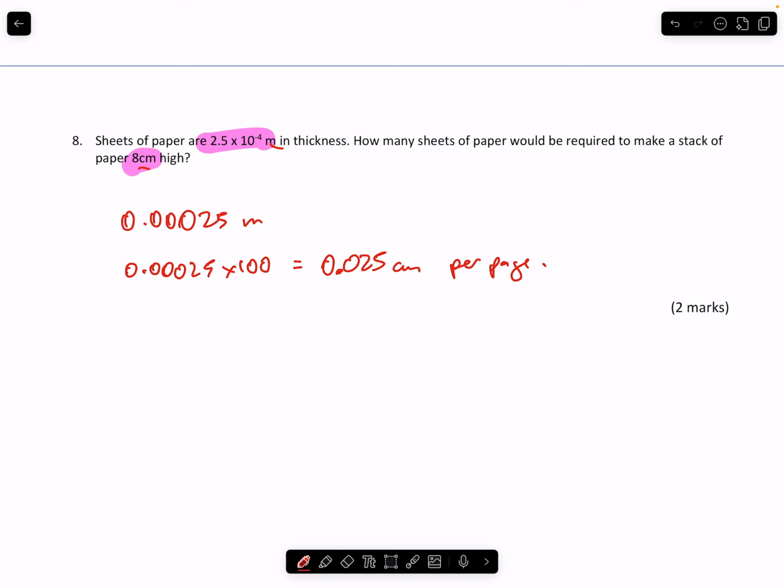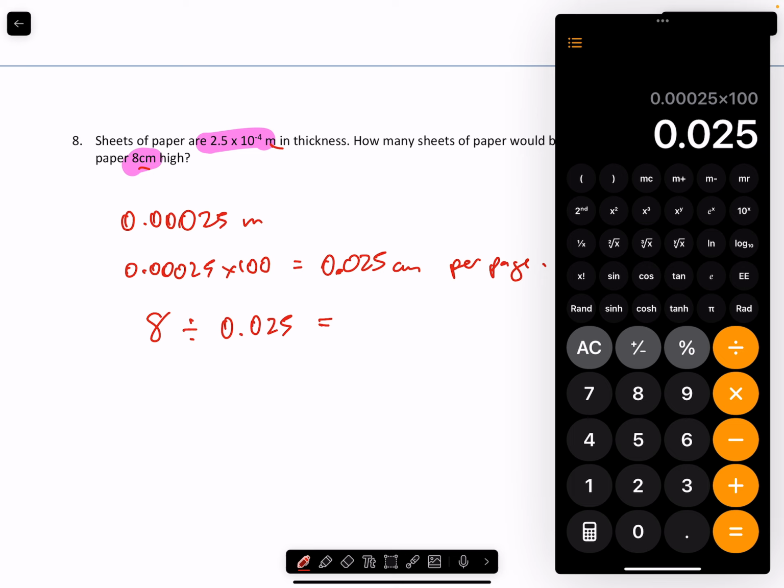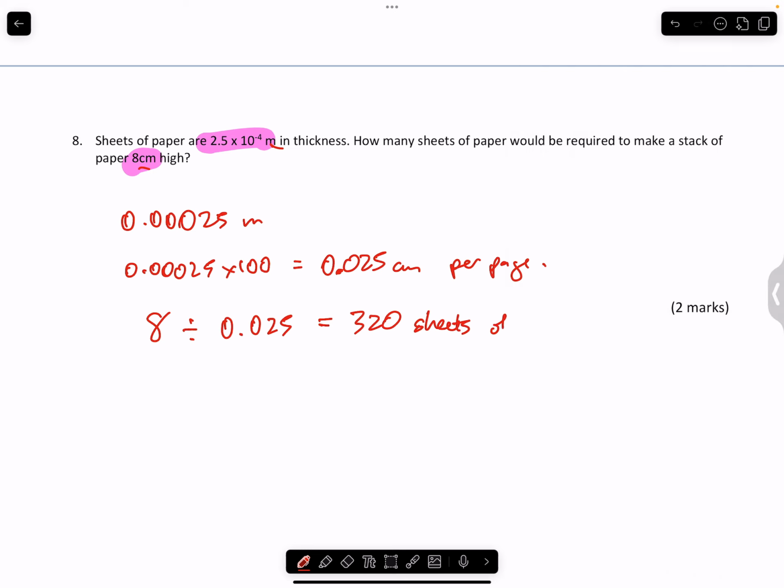So if I want to know how many pieces of paper are in there, my whole stack divided up into each individual sheet. 8 divided by 0.025 is going to be 320 sheets of paper for an 8 centimeter stack.